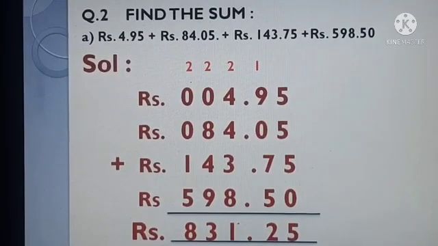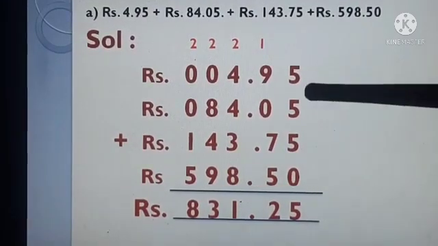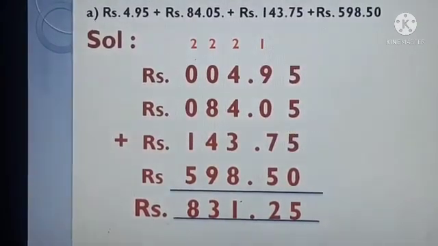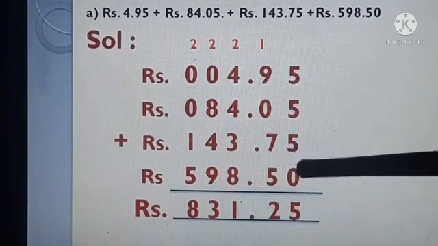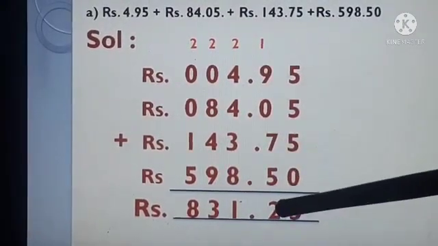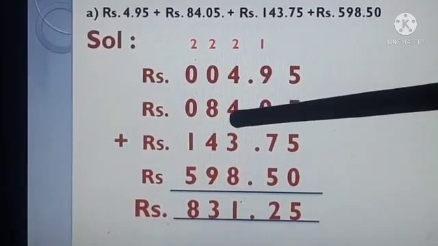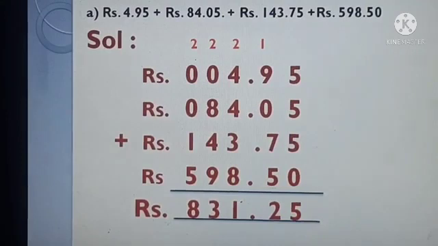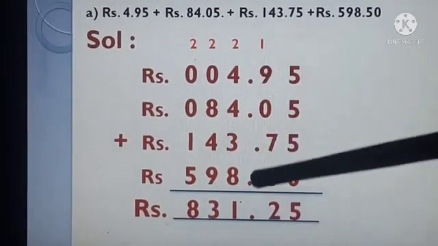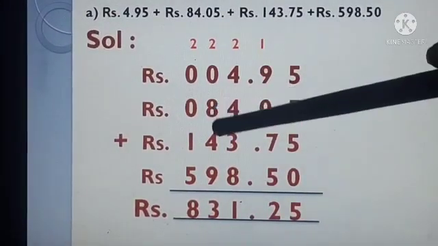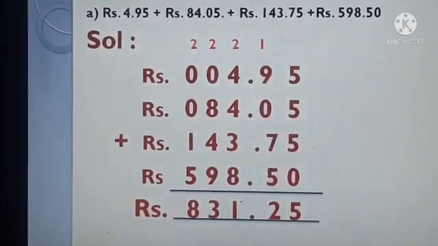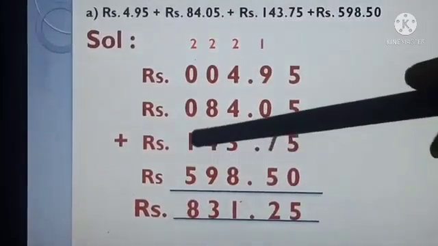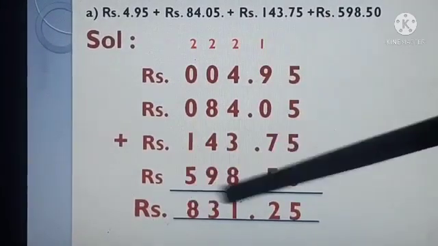Now you will do addition. 5 plus 5, 10. 10 plus 5, 15. 5, 1 carry. 9 plus 7, 16. 16 plus 5, 21. 21 plus 1, 22. 2, 2 carry. 4 plus 4, 8. 8 plus 3, 11. 11 plus 8, 19. 19 plus 2, 21. 1, 2 carry. 8 plus 4, 12. 12 plus 9, 21. 21 plus 2, 23. 3, 2 carry. 1 plus 5, 6. 6 plus 2, 8.